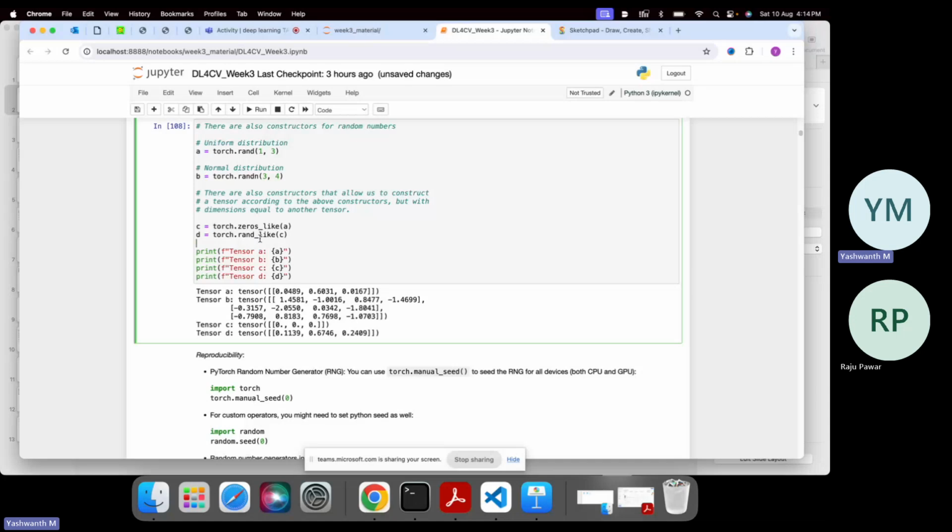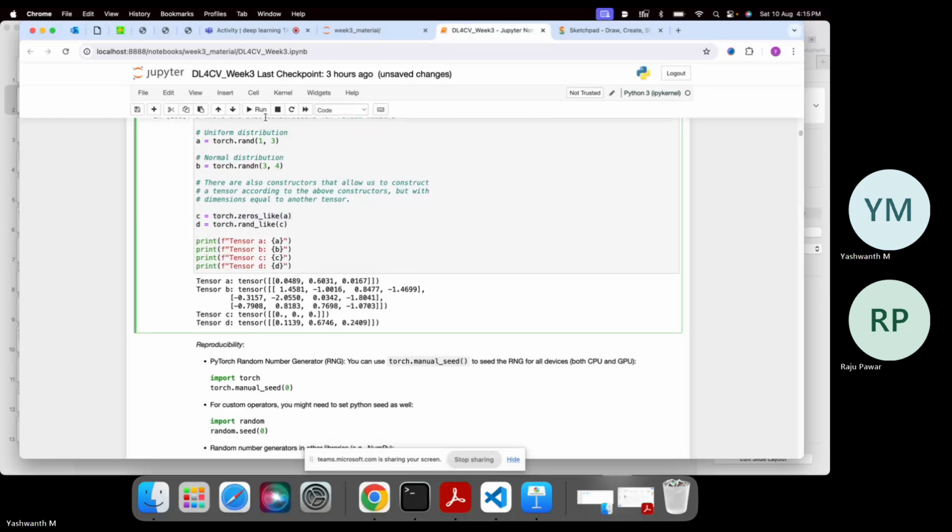And similarly, rand_like will give you a uniform distribution of the same size.